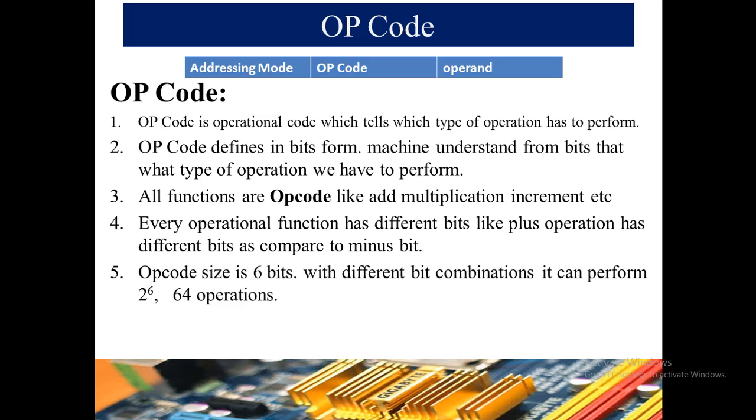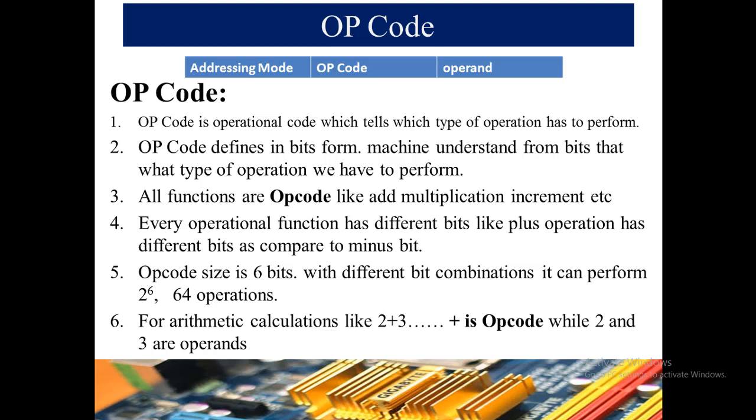Normally, operation code size is 6 bits. So with different combinations of these 6 bits, we can perform 64 different operations. For example, for an arithmetic calculation like 2 plus 3, the plus sign which we use is the opcode, that is the operational code, while 2 and 3 are the operands.